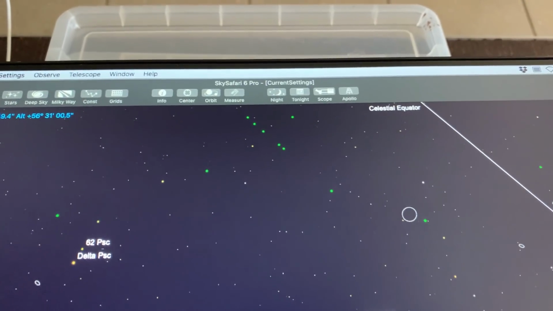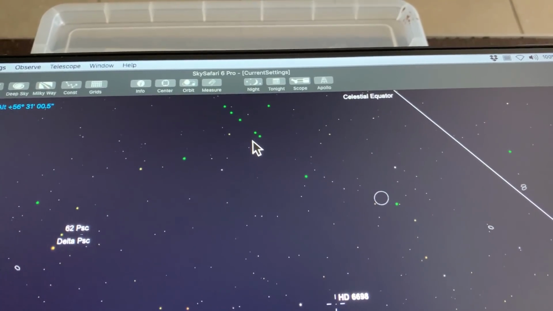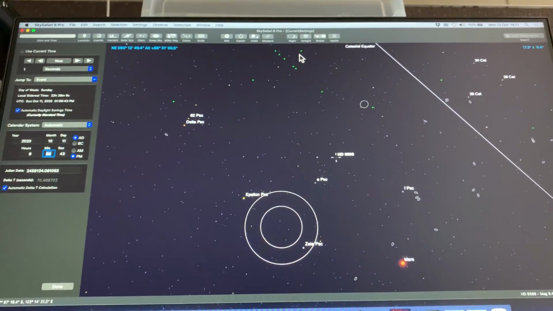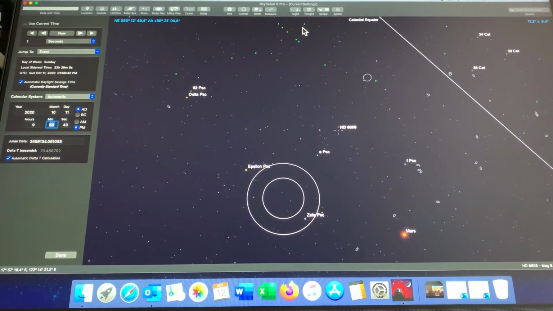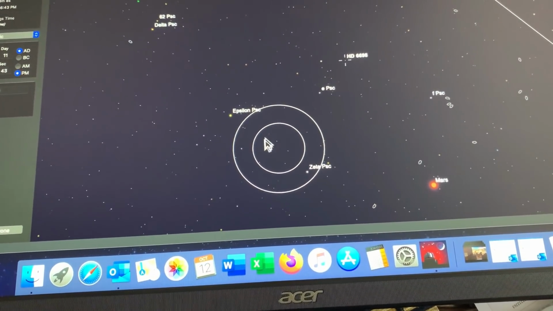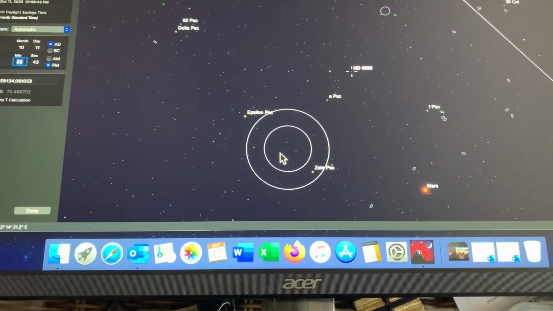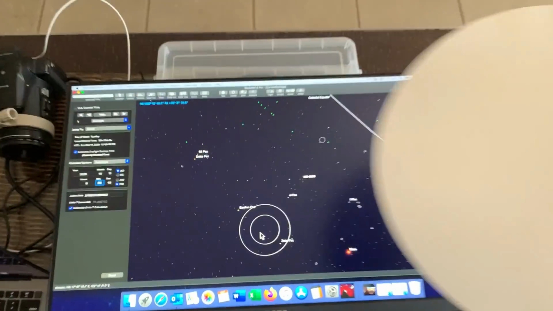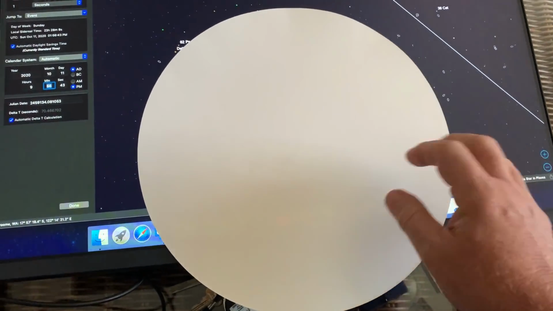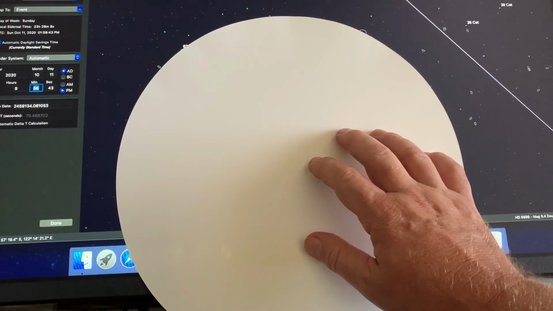So I'm going to run a demonstration now that will help us better visualize why these 5 satellites disappeared into the shadow before Beidou 3. In Sky Safari Pro 6, we can identify the position of the Earth's shadow, and these 2 white circles represent the center point of that shadow on the 11th of October, last night when I made this observation. This white cardboard circle is a better approximation of the size of the Earth's shadow at this scale.